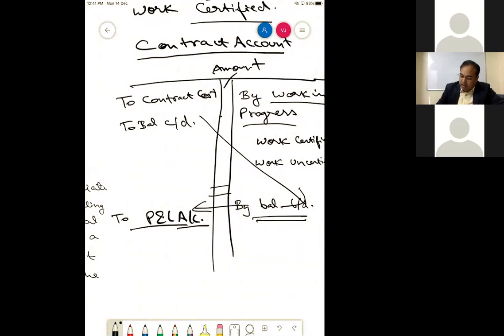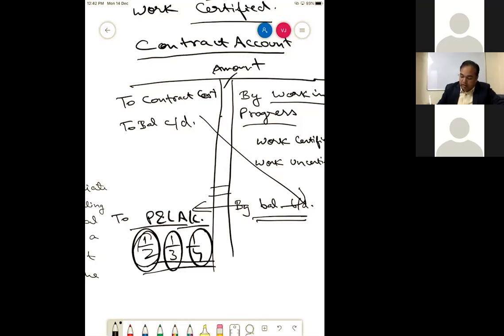Now the profit transferred could be half, could be 1/3, could be 1/4, or no profit would be transferred if the work is not sufficiently certified. So there are various ratios in which profit would be transferred to profit and loss account.